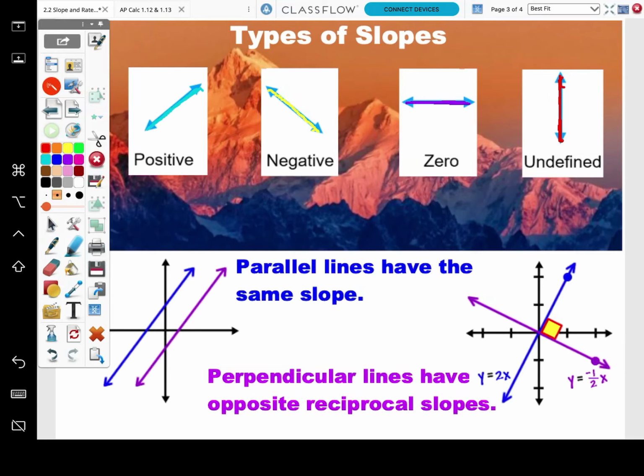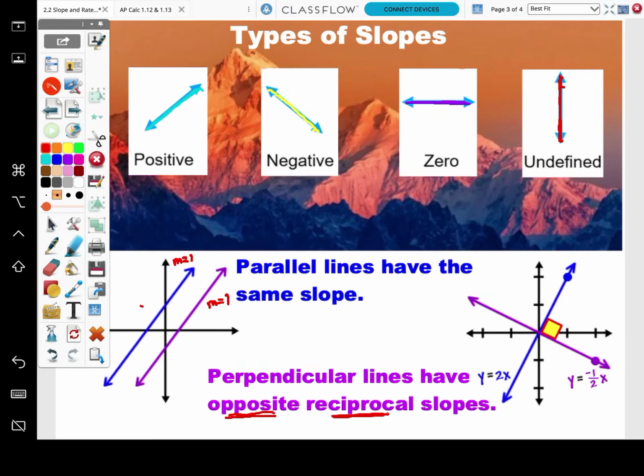Other things to remind you about: parallel lines have exactly the same slope. Okay, so two parallel lines, you have a blue one and a purple one here, same exact slope. If one of those is a slope of 1, so is the other one. Perpendicular lines have opposite reciprocal slopes.